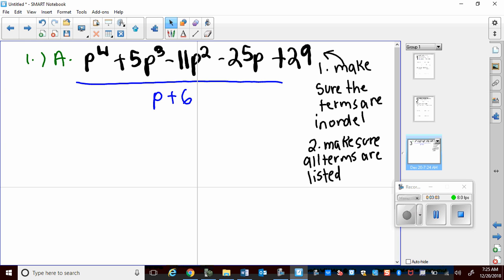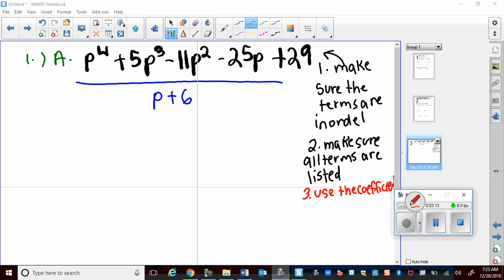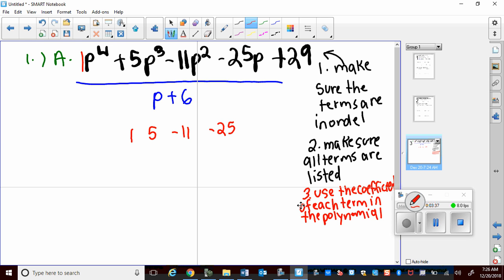Now, what we're going to do, step 3, is use the coefficient of each term in the polynomial. Okay, so here I have 1 in front. So I have 1, 5, negative 11, negative 25, and positive 29.